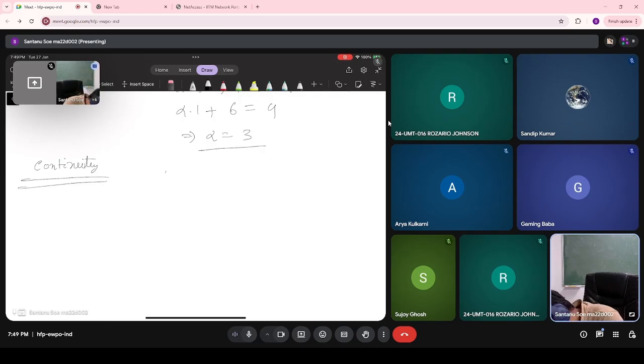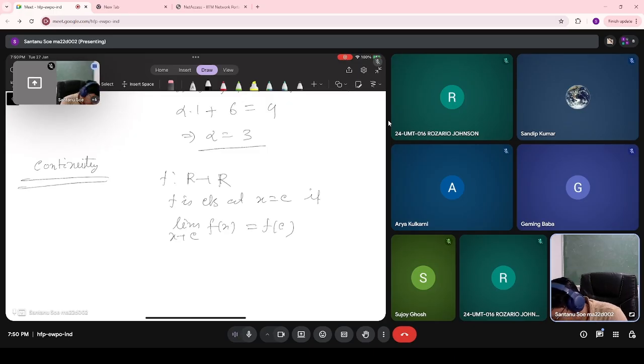In one variable, we have seen that if a function is given from R to R, then we say the function is continuous at x equals c if limit x tends to c, f of x equals f of c.